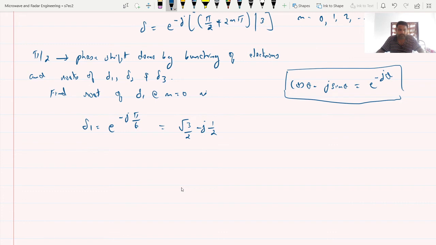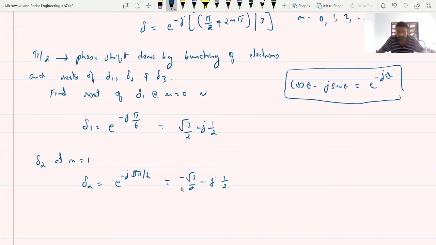Similarly, the second, that is delta 2 at n equal to 1. So delta 2 will be e raised to minus j 5 pi by 6, which is nothing but minus root 3 by 2 minus j into 1 by 2, because e raised to j theta is equal to cos theta plus j sin theta.